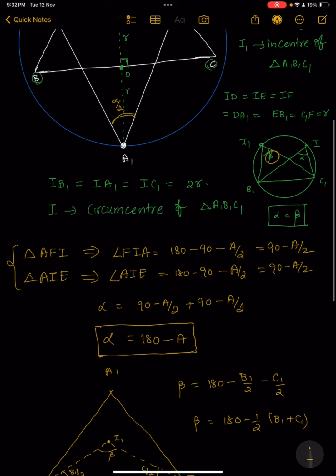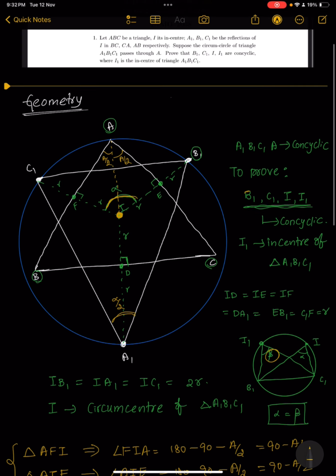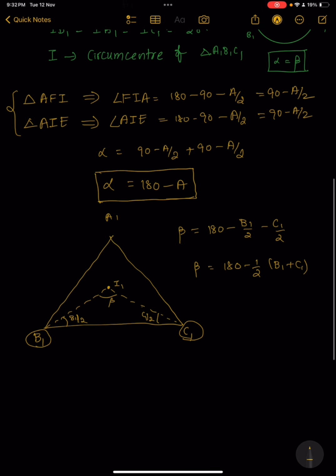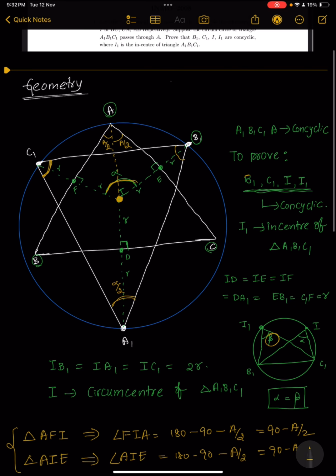So now we have to find out B1 and C1, these angles, correct? We already found out A1. What is A1? A1 is alpha by 2. A1 from this, A1 is equal to 90 minus A by 2, correct? Similarly, if we do the same analysis, let us say this has some alpha 1 and this has some alpha 2.